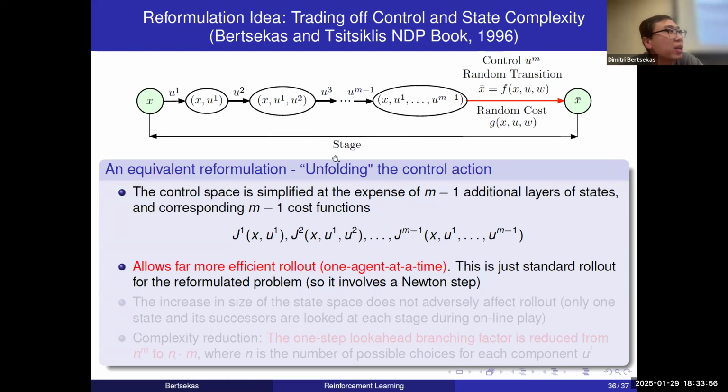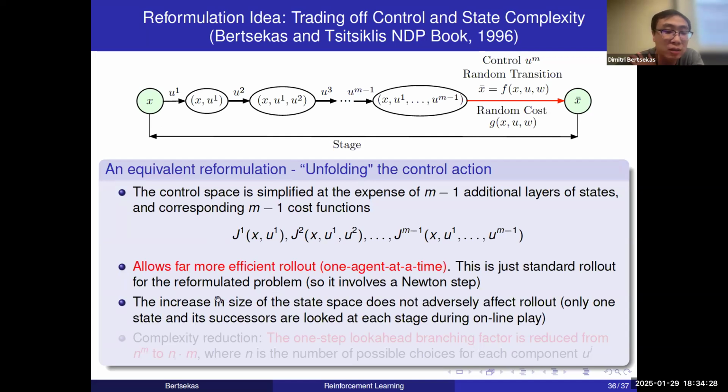Note that this reformulation makes little sense if we want to apply dynamic programming to solve it, because suppose here is a scalar state. After we do the reformulation, now the problem state space becomes M plus 1 dimensional. So from the original scalar problem, we have a high-dimensional dynamic programming problem. So it makes little sense when we apply dynamic programming. However, it makes a lot of sense in the context of rollout.